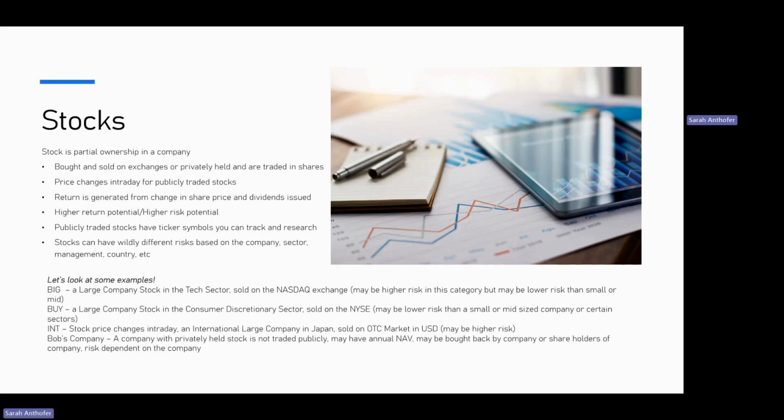I used to give this example a lot when trying to explain the differences between a very high risk stock and a lower risk stock. Think about a company like Nike, for example, selling shoes. They're international at this point. They've got shoes and clothes and all kinds of different resources. They've got apps. They're pretty diverse as an organization.